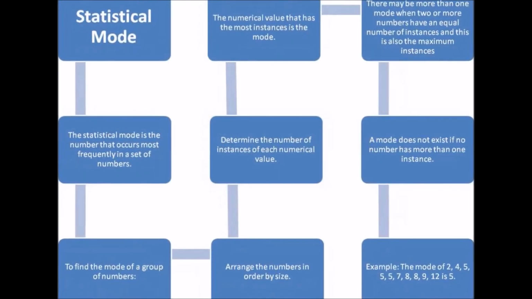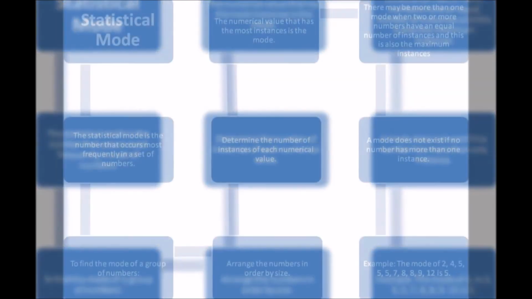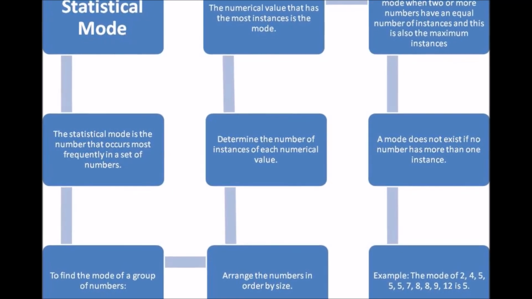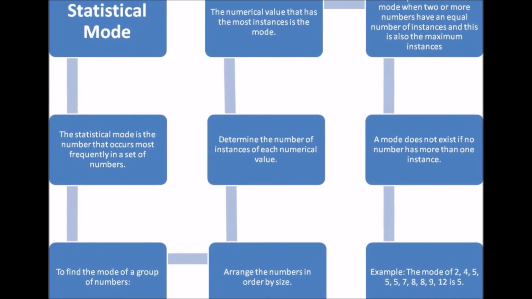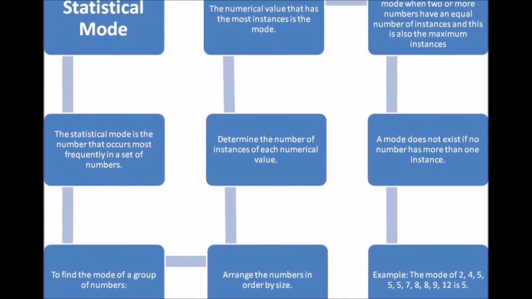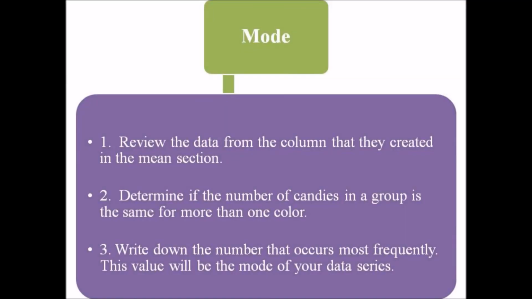There may be more than one mode when two or more numbers have an equal number of instances, and this is also the maximum instances. A mode does not exist if no number has more than one instance. Example, the mode of 2, 4, 5, 5, 5, 7, 8, 8, 9, 12 is 5.